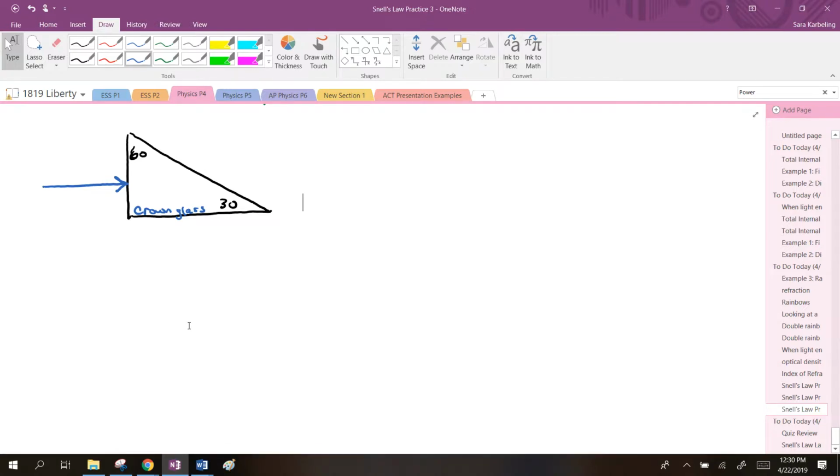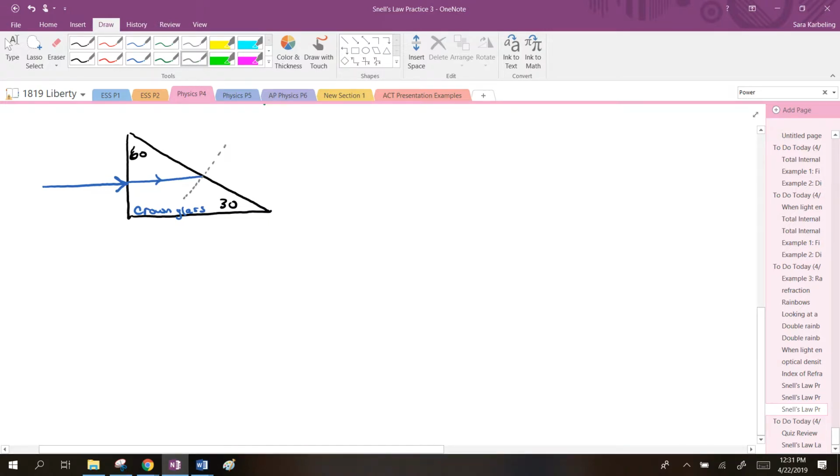So, okay, let's talk about what that means because I want to make sure that I'm understanding. What's going to happen when the light hits the crown glass here? It's going to go straight through, right? Absolutely. So it's going to do that just like it did in the other one, right? Same. And then it's going to hit that other surface.